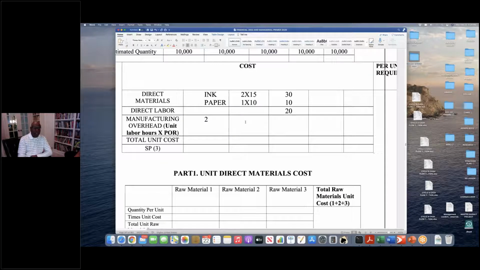And the POR is 20. So we add these together, how much do we get as the total unit cost? 100. And what's our selling price multiple? It's 2. So what's the selling price going to be? 200.